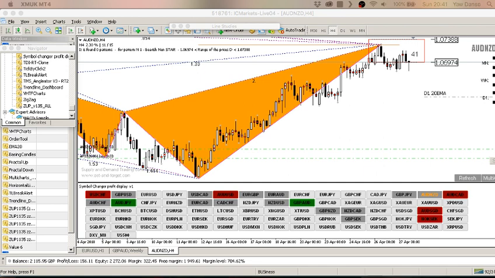So for instance, if Mr. Joe, a random name, doesn't know what he's doing but wants to trade the forex market, he will join a company, any company, there are lots of them, and start to trade.